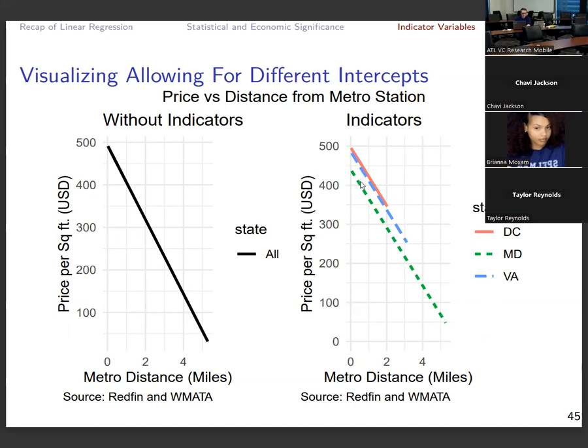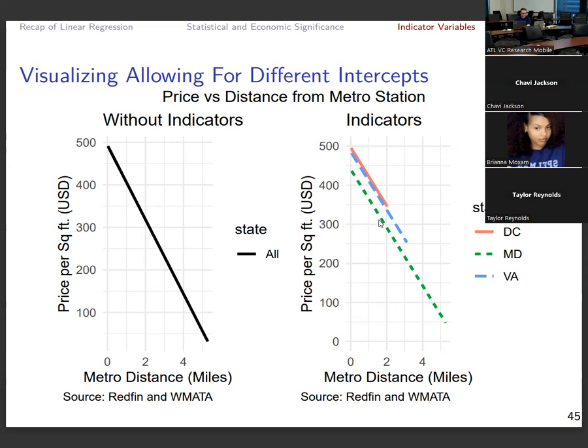And that's what we see over here. This first solid line has the highest intercept, followed by Virginia, followed by Maryland. As I said, the slopes are the same, and I'm going to show you how we can estimate these lines, what the estimates were that generated these lines.